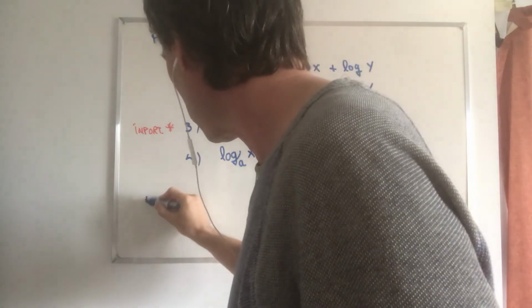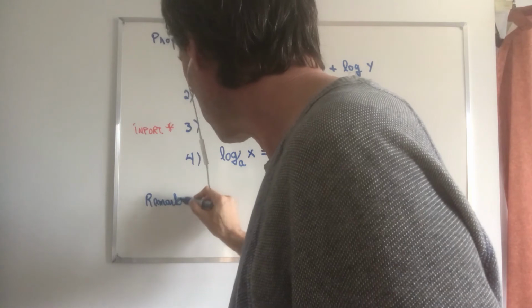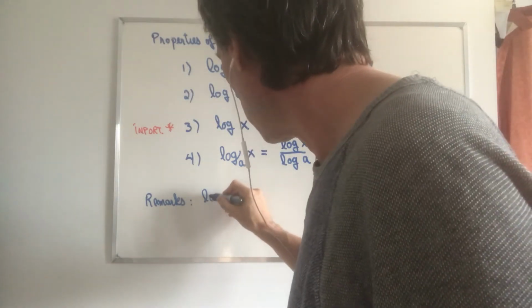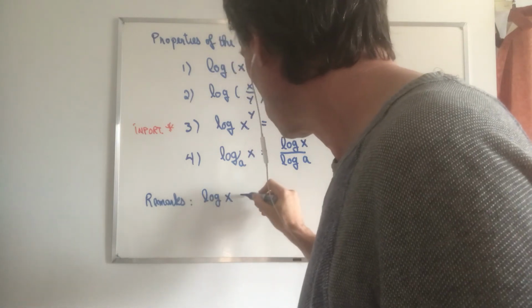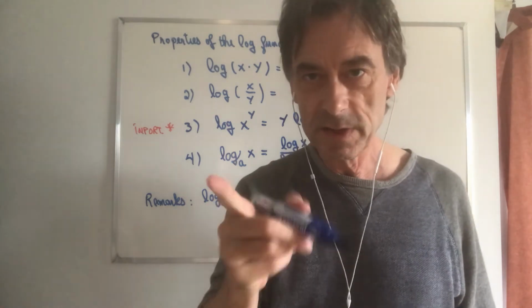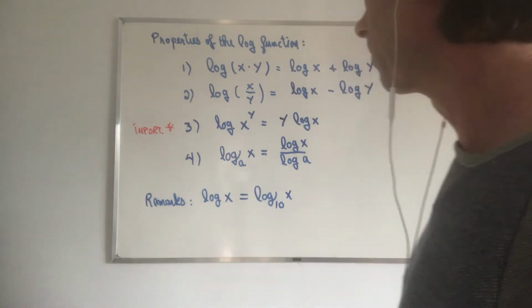So a couple of remarks. What is this log with no base? Log x with no base corresponds to the log, base what? You know this, yeah, base 10, absolutely.